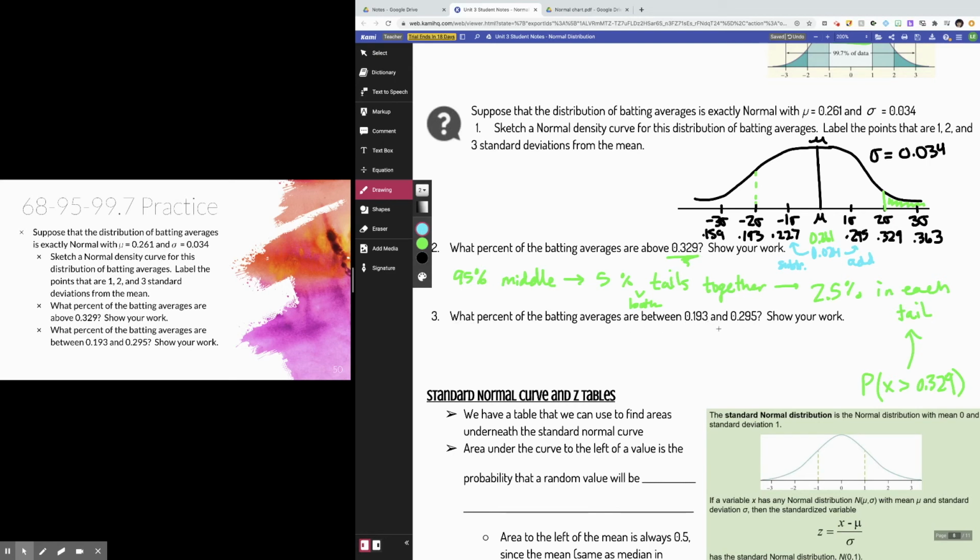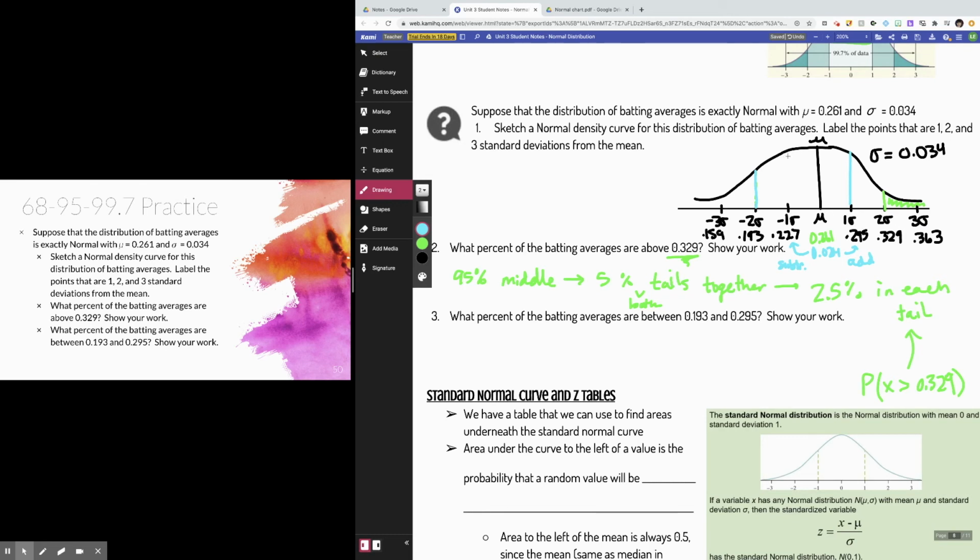So I have between 0.193, which is here, and 0.295, which is here. Okay, so this one's a little bit trickier because I have one marker at -2 standard deviations, and I have one at 1 standard deviation. So I kind of have to think about this.